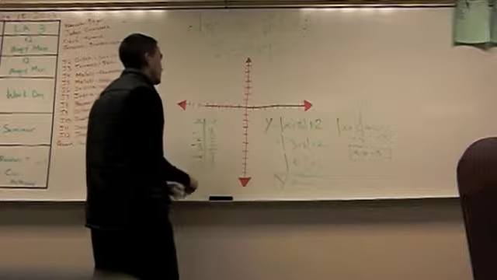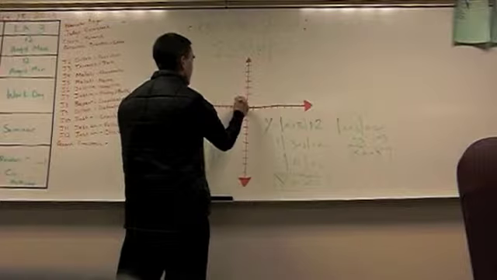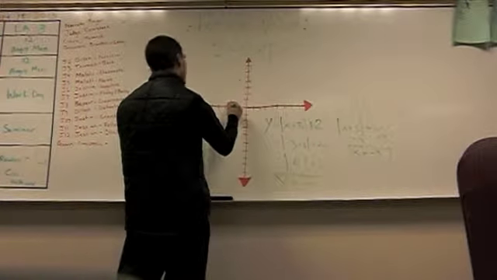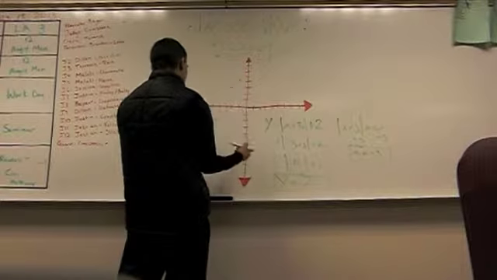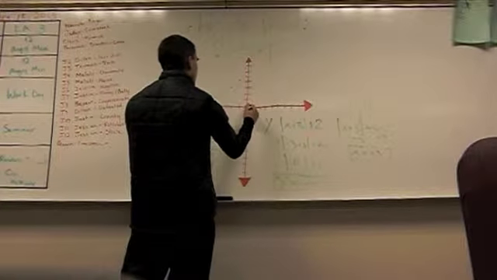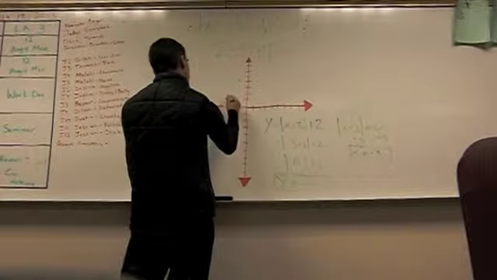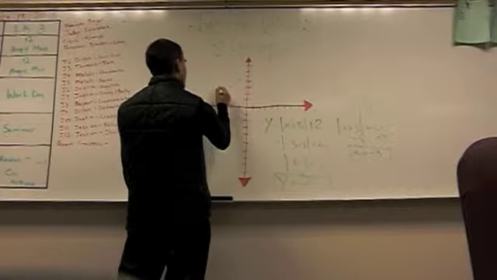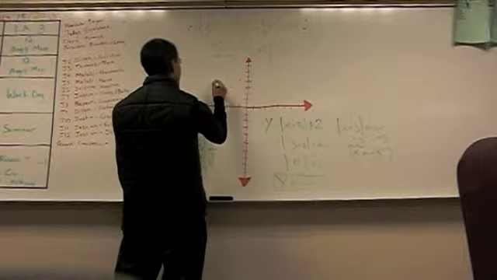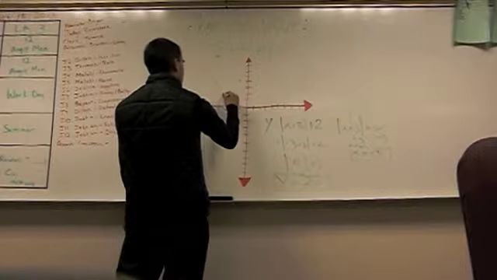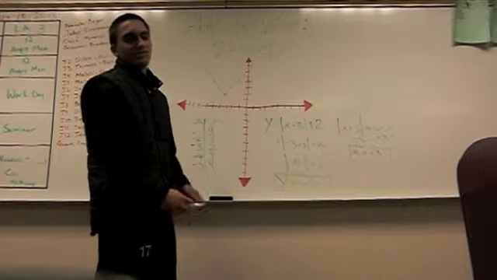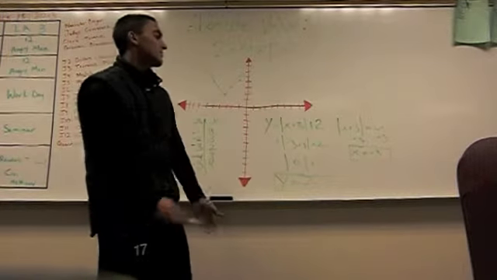Now we graph. -1, 4; -2, 3; -3, 2; -4, 3; -5, 4. And that's how you graph and solve an absolute value equation with two or more steps.